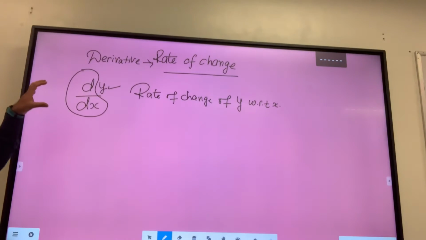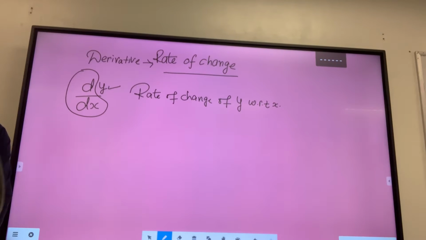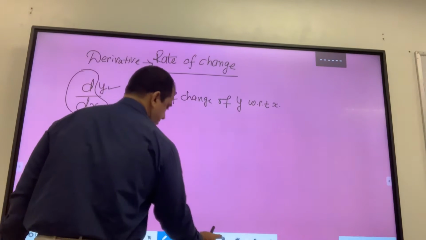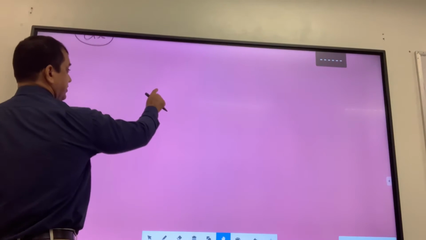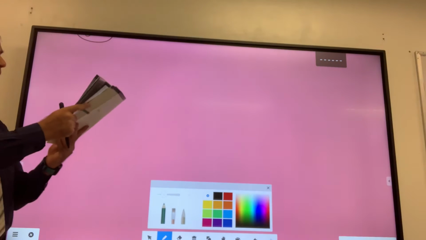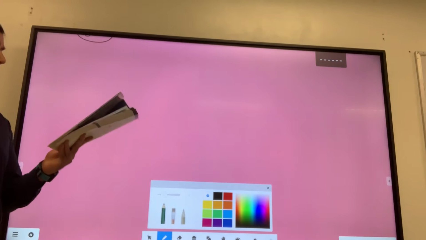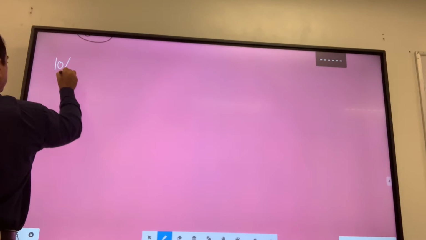By using this concept, we can solve question number 10, page number 233. I need to make a diagram because we don't have an electronic copy of this book right now. Okay, I sketch the diagram here.